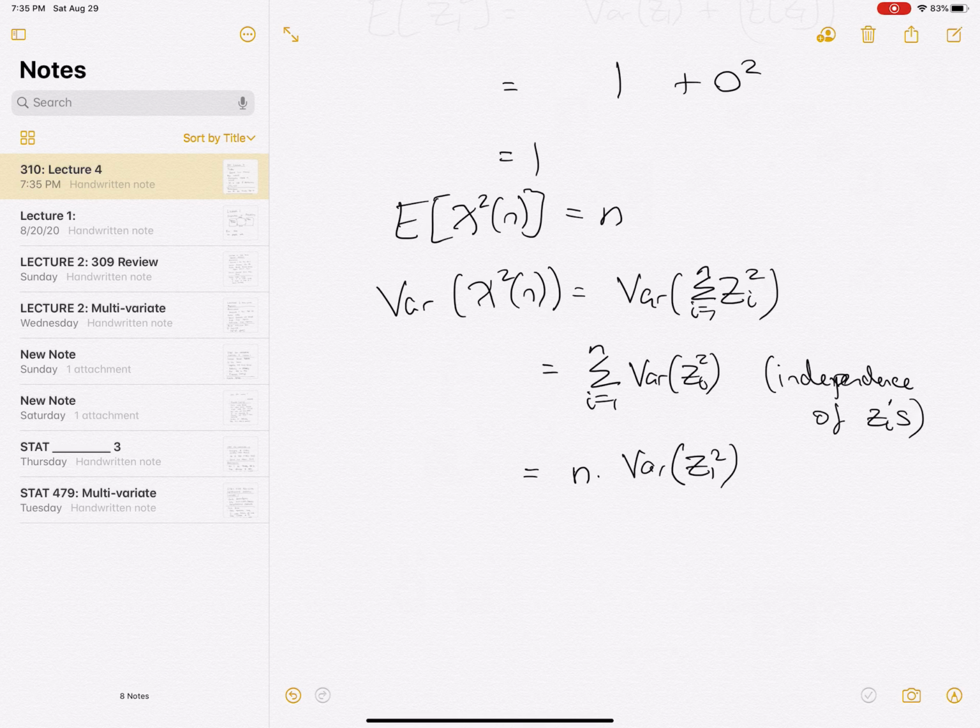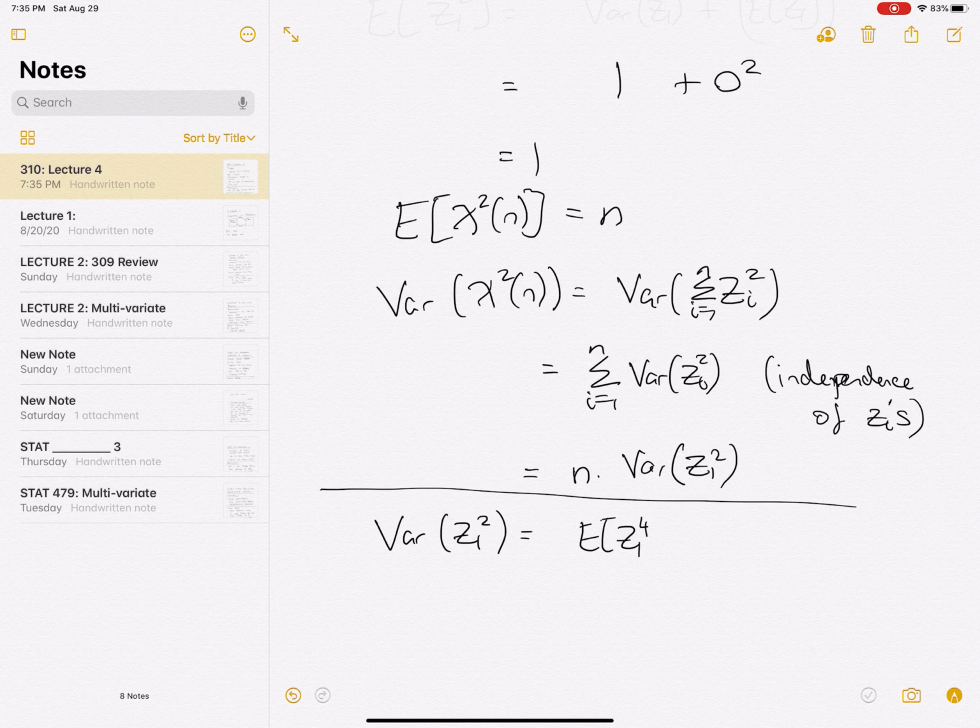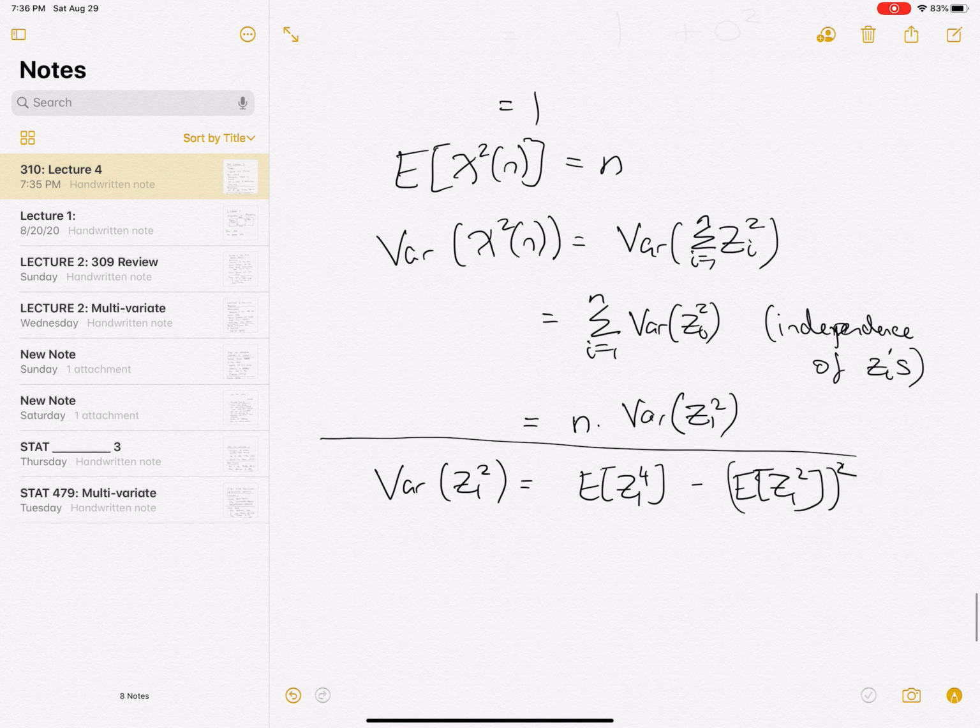So now let's think about what this is by definition. Again, we're using properties of variance here, which I'm assuming you're quite comfortable with from 309 knowledge.